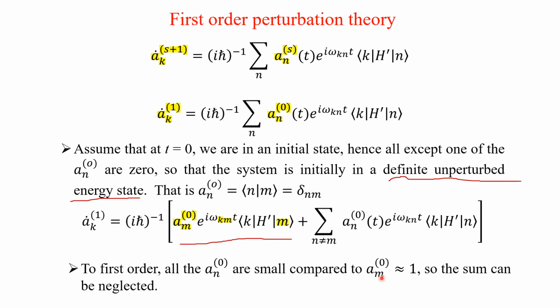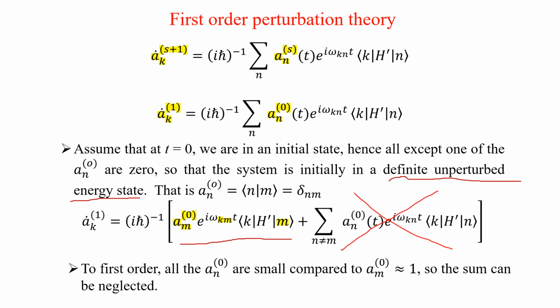So we know very well the square of the expansion coefficient or probability amplitude is equal to probability. If you square the expansion coefficient, you will get probability. So initially this probability is 1, and so the sum can be ignored. That is, we can ignore this summation.